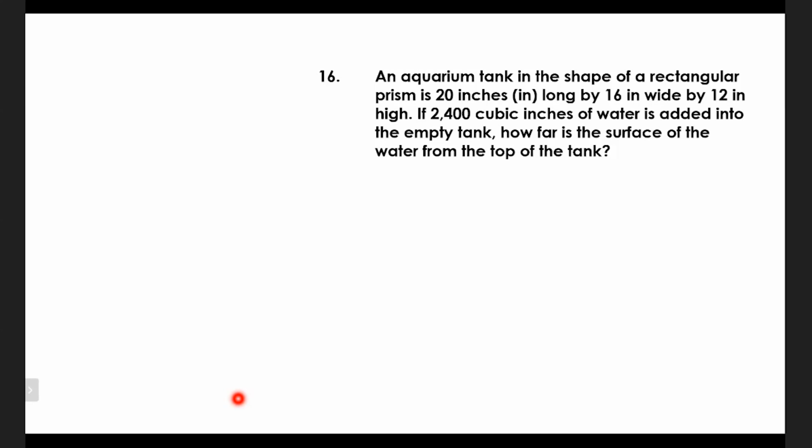An aquarium tank in the shape of a rectangular prism is 20 inches long, means length is 20, width is 16, and height is 12. If 2,400 cubic inches of water is added into the tank, how far is the surface of the water from the top of the tank?